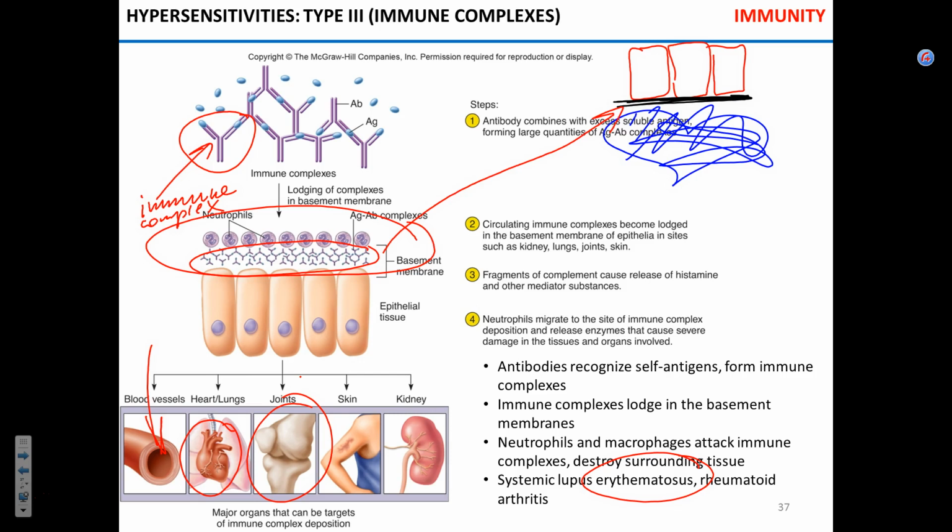If the synovial membrane becomes inflamed, synovial fluid accumulates: arthritis, joint pain. If it affects the basement membrane in the skin, that may lead to eczema, other manifestations like that. And in the kidneys, it leads to the condition known as glomerulonephritis, when endothelial cells in the glomerular capillaries become damaged and kidney function becomes impaired.